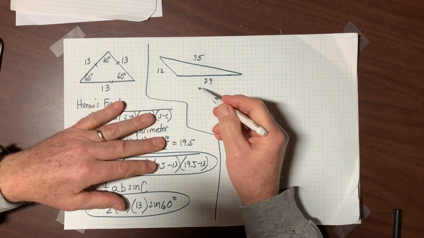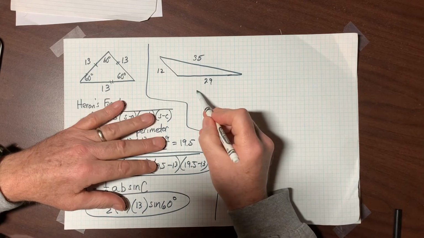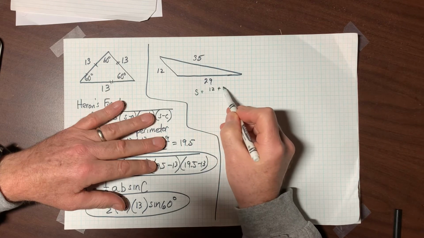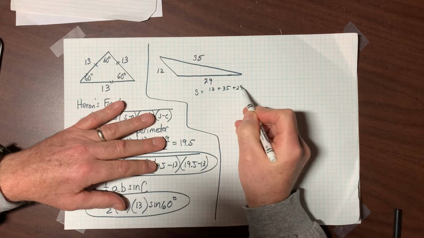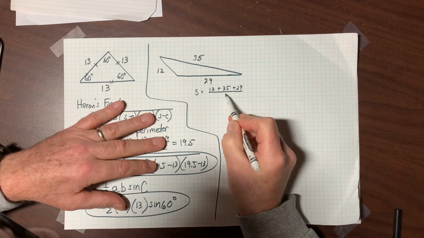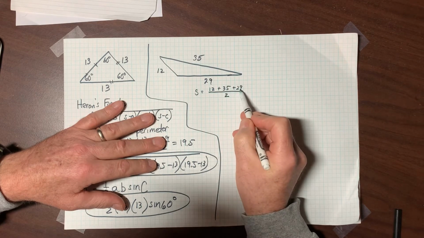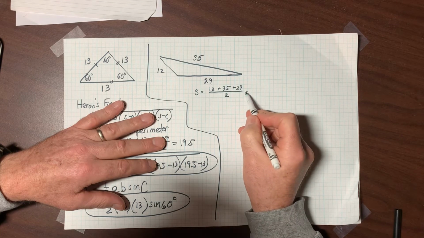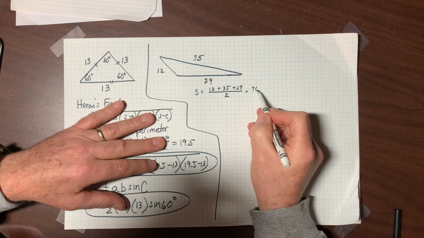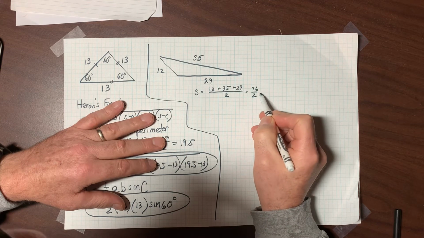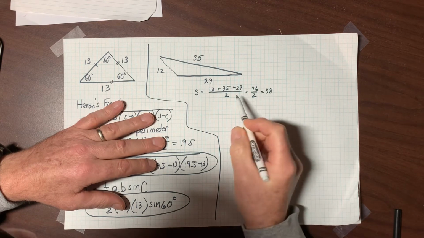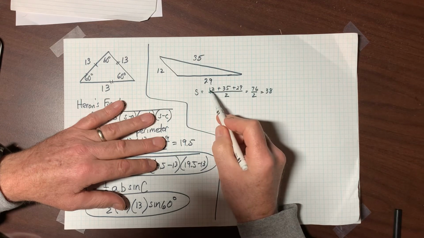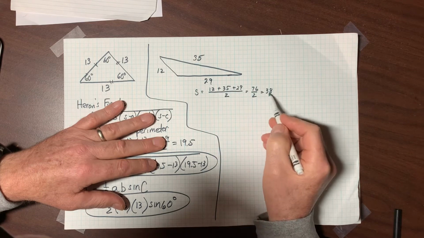So first of all, I'm going to find my semi-perimeter. So I'd say 12 plus 35 plus 29 divided by 2. So this would be 64, and 12 would be like 76 divided by 2, and that would be 38. Let me check that. 30, 50, 14, 64, and 12 is 76 divided by 2 would be 38.